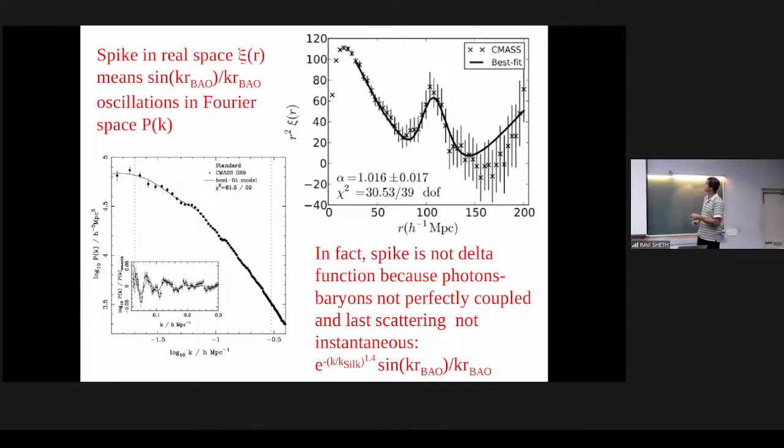That means you multiply the value here by 100 squared, so you get a factor of 10 to the 4. When you do that, you can see this nice bump. Don't worry about the bump here. That's a little bit because you have a curve going up and you're multiplying by r squared, and at small r it is small, so you depress it. But this one is the BAO feature, the baryon acoustic oscillation, the CMB feature.